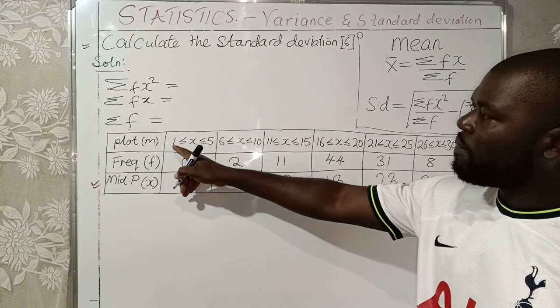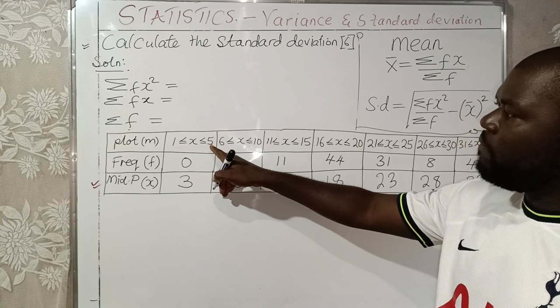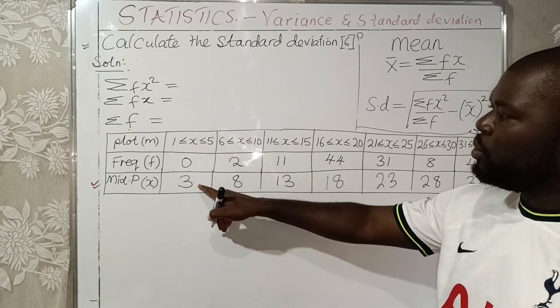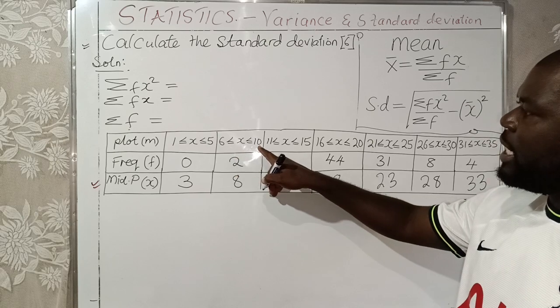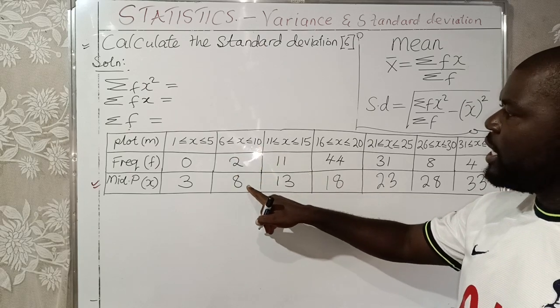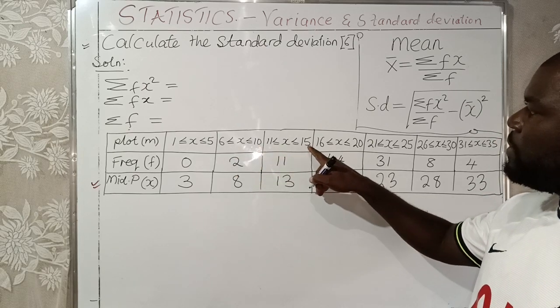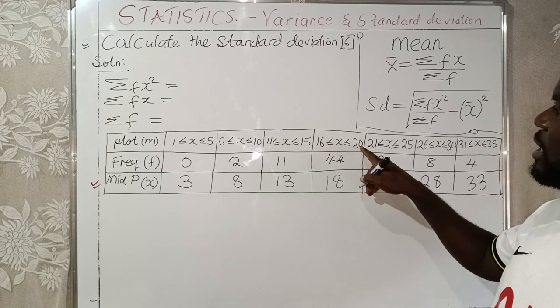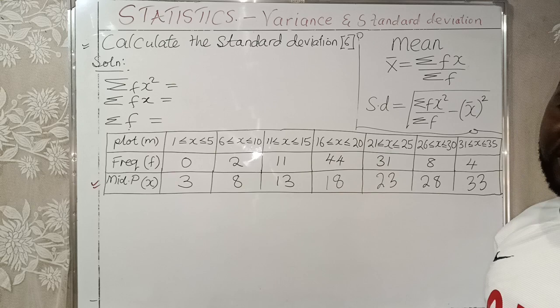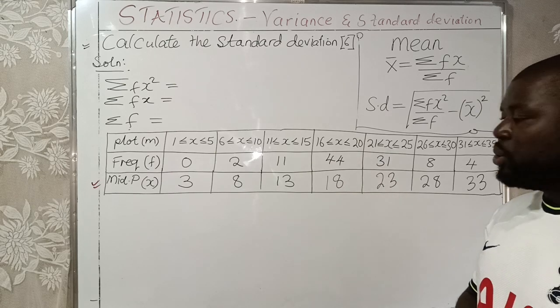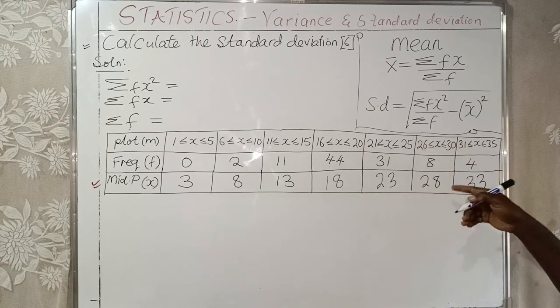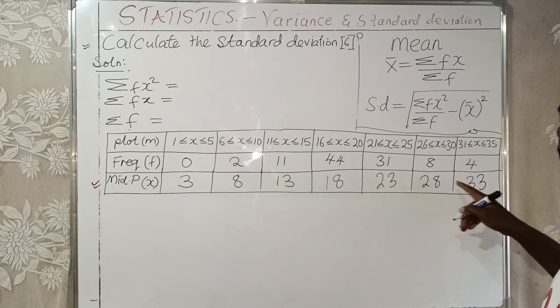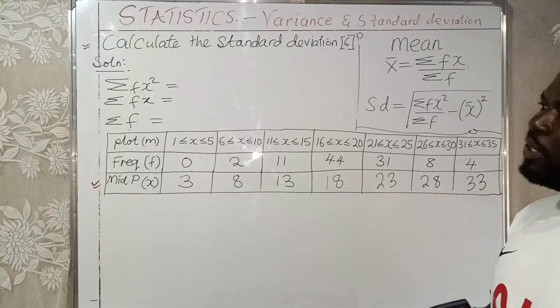We say 1 plus 5, 6 divided by 2, 3; 6 plus 10, 16 divided by 2, 8; 11 plus 15 divided by 2, 13; 16 plus 20, 36 divided by 2, 18. Likewise, we do for all the classes, and that is how we had all these midpoints.